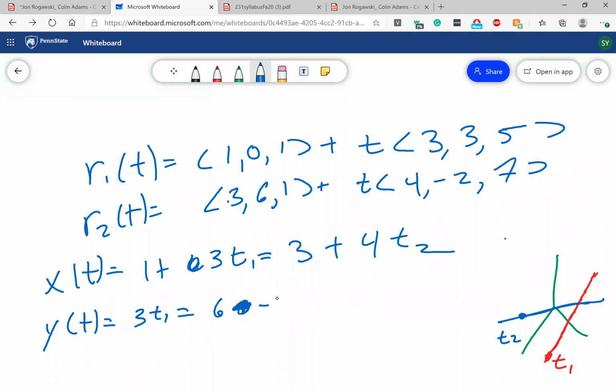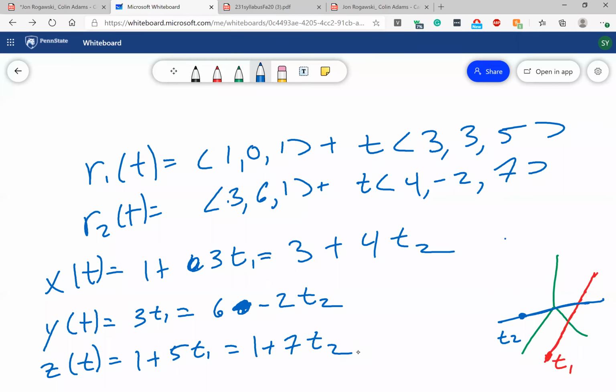That's for our y-coordinate. And for our z-coordinate, we have 1 plus 5t1 equal to 1 plus 7t2.